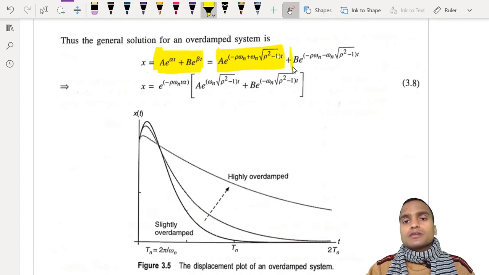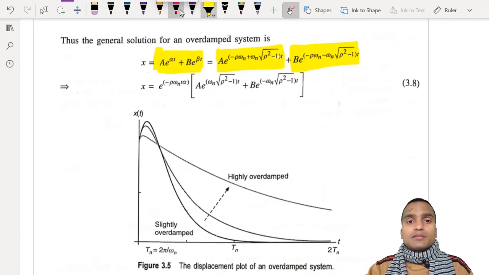Okay, this is the final equation here, and what we can do here, if something can be taken as common, what can be taken as common, that is e to the power minus rho omega n t.